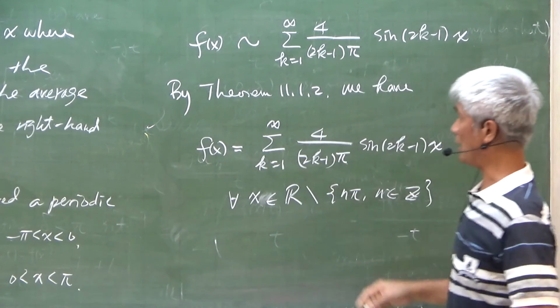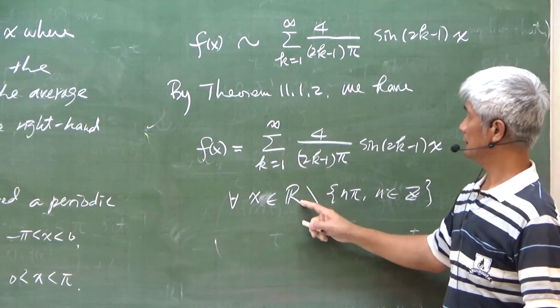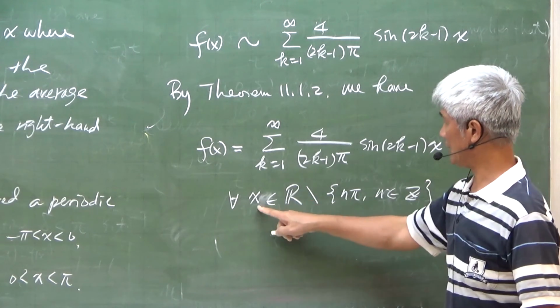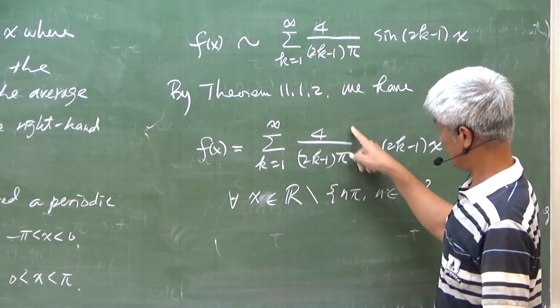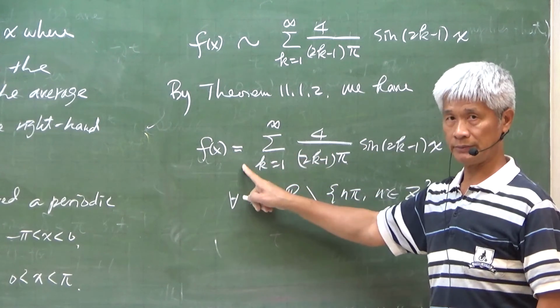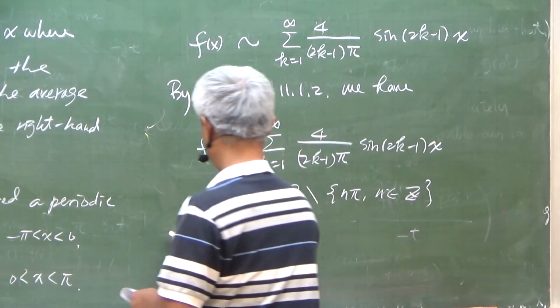Except x equal to n pi, this Fourier series converges to f of x.